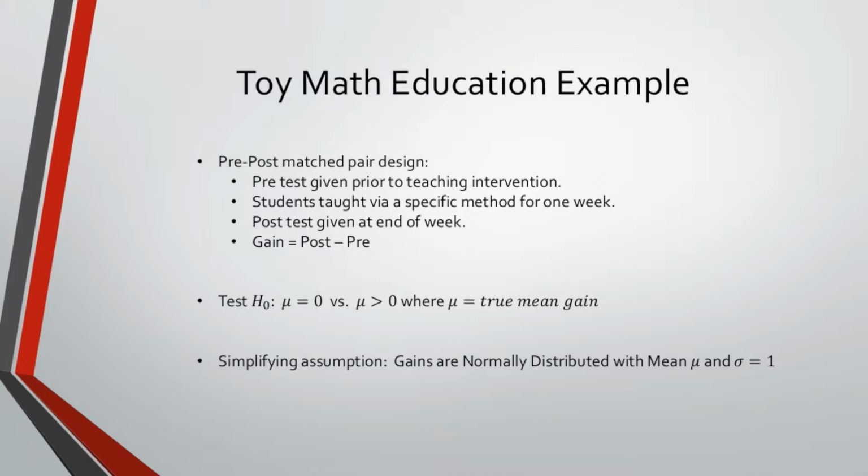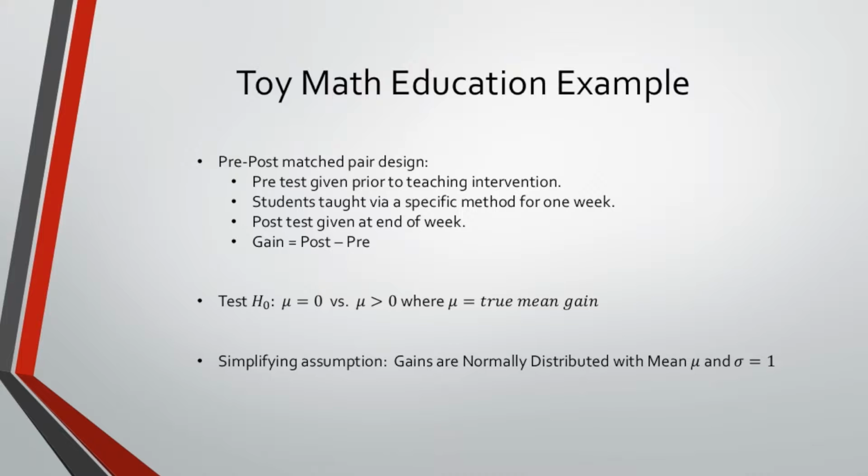And I'm going to simplify this even more, which is what makes it even more of a toy example. I'm going to assume that my gains are normally distributed. If our sample size is large enough, we don't really need to assume this, but I'm going to be doing simulations, so I'll assume it.